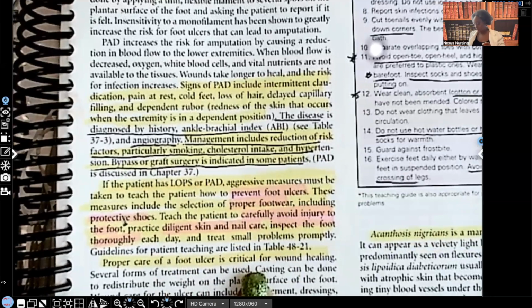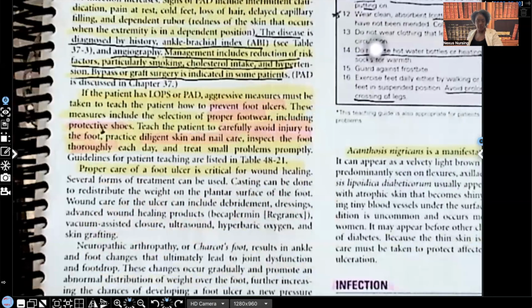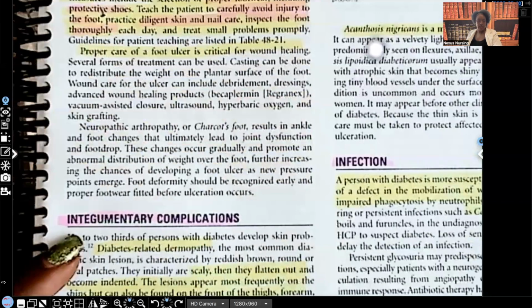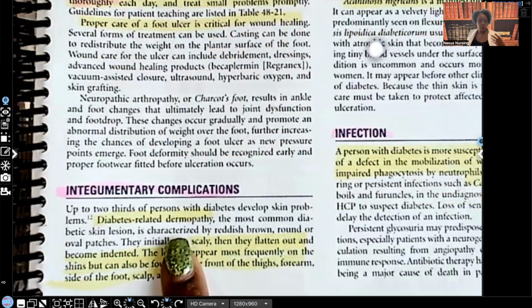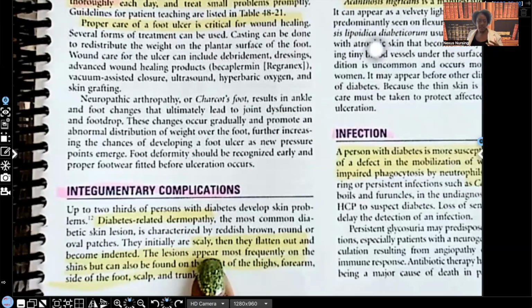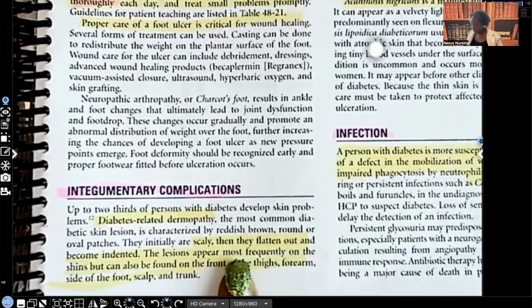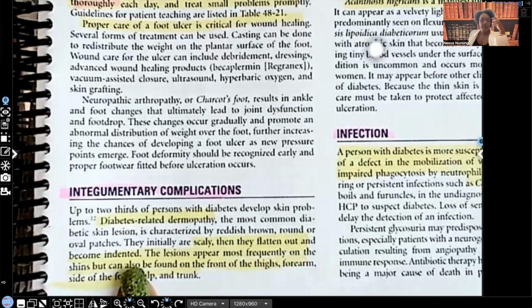Proper foot care. All right, let's talk about skin care. Integumentary complications. So diabetes-related dermopathy, those are your skin complications. Initially, the skin can be scaly, then it flattens out and becomes indented.